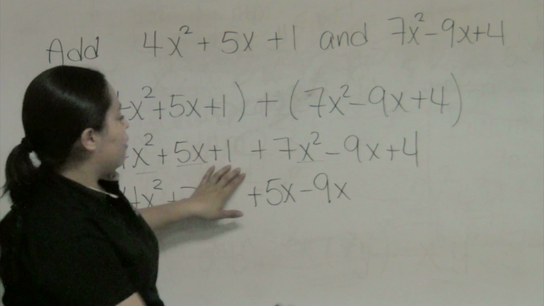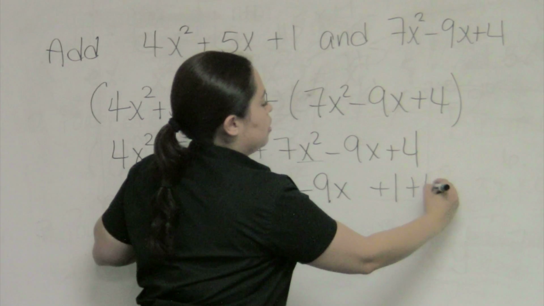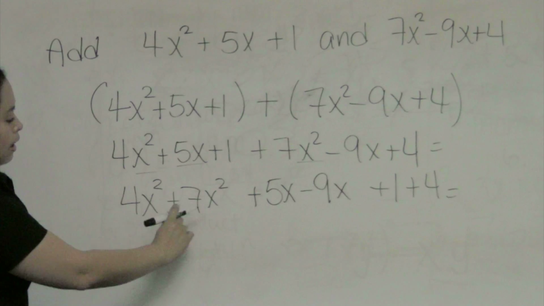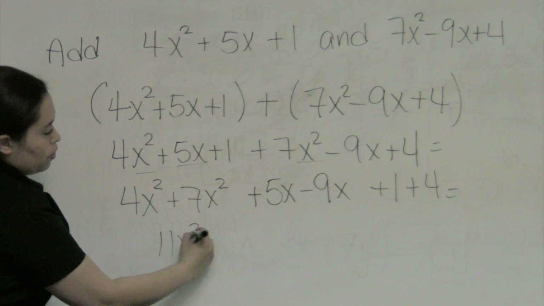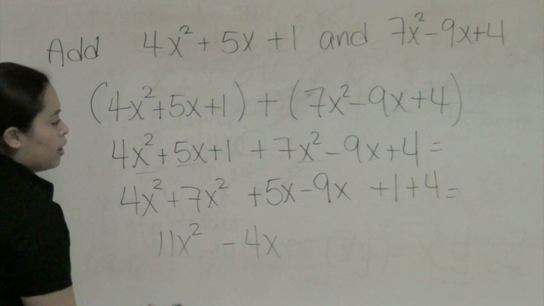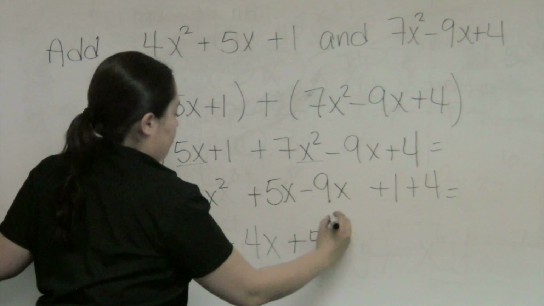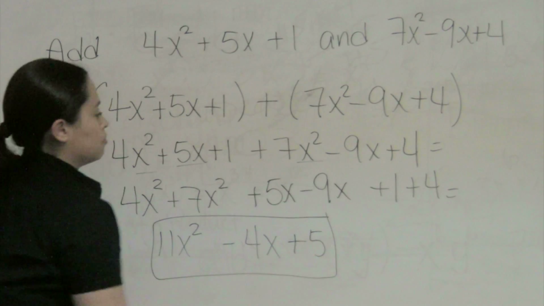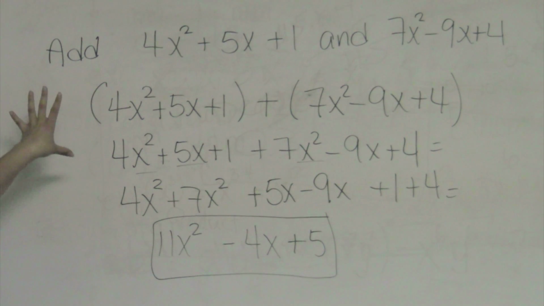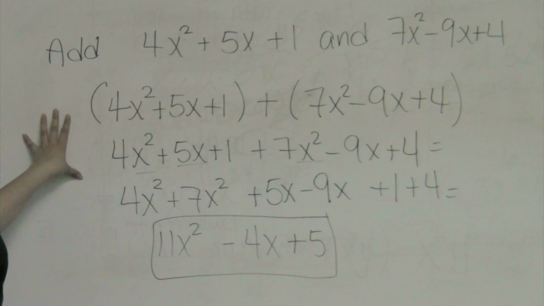And finally, we have the numbers, so plus 1 plus 4. Now 4 plus 7, this is 11x squared minus 4x plus 5. And that's your answer. This is doing the problem using the vertical form.